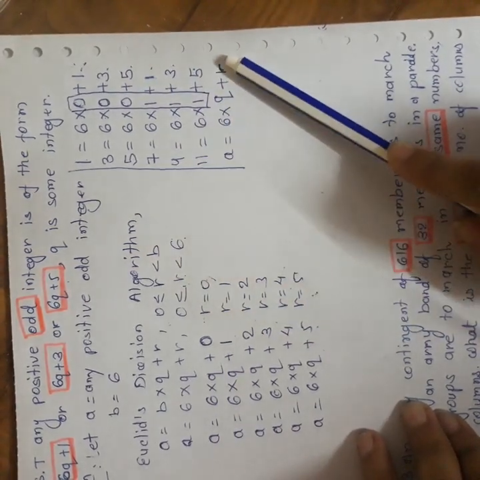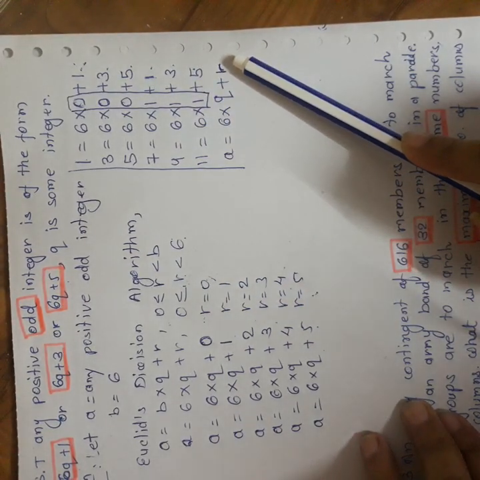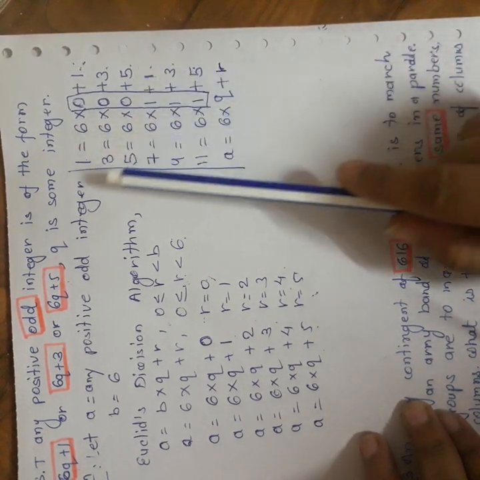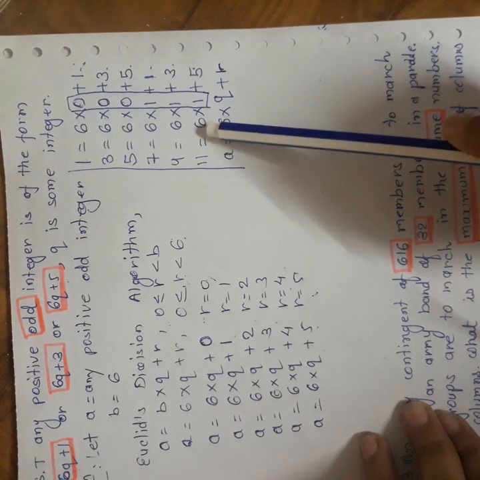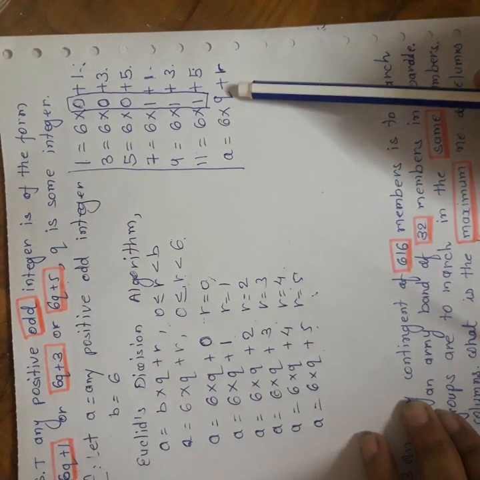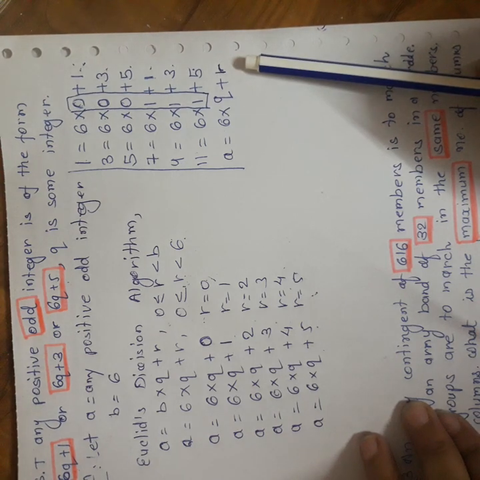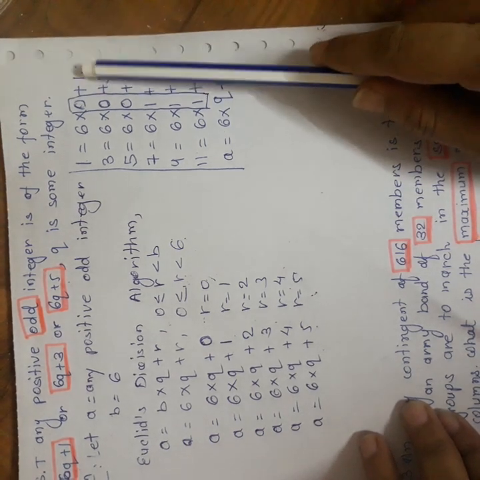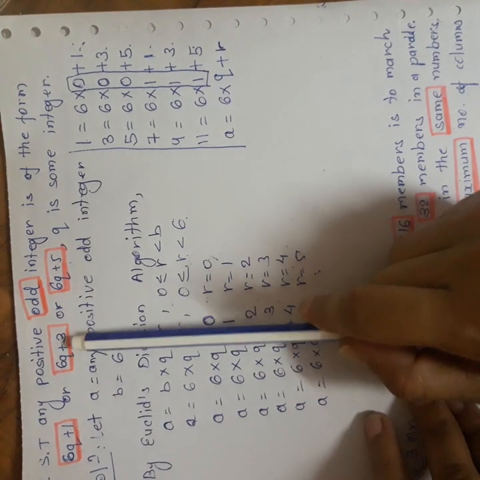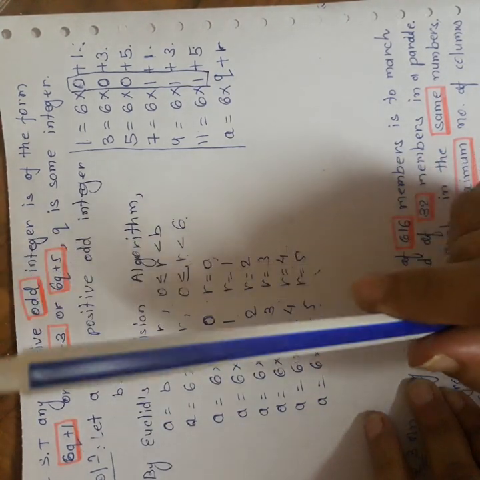That is nothing but our remainder. So we see that in all the cases, when we divide any positive odd integer by 6, we get a equals 6q plus r, where r is of the form 1, 3 or 5. That means it would be 6q plus 1, 6q plus 3 or 6q plus 5.